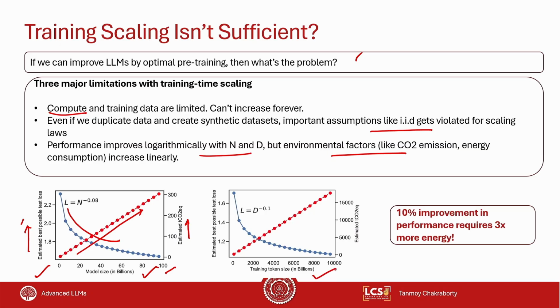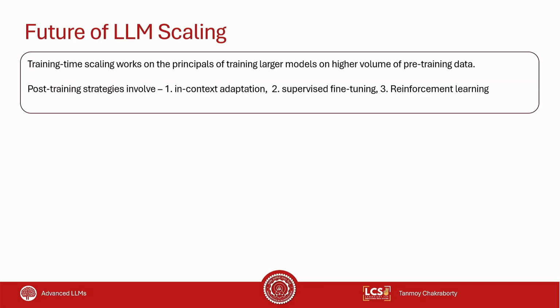If you increase the training dataset, the same thing happens. A statistic says that a 10% improvement in performance requires 3x more energy. So the question is, do we really need to improve this 5%, 10% by compromising on energy and the environment?